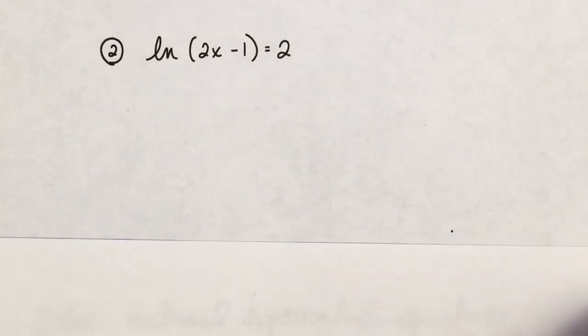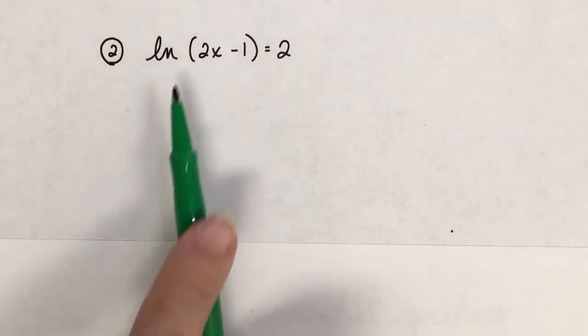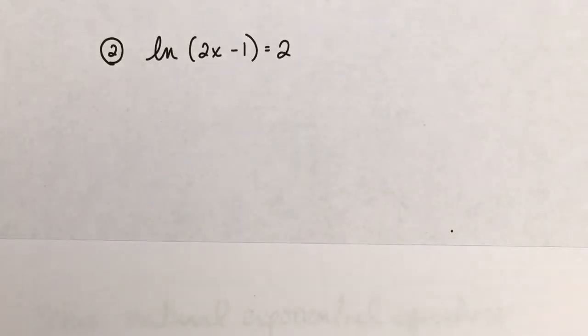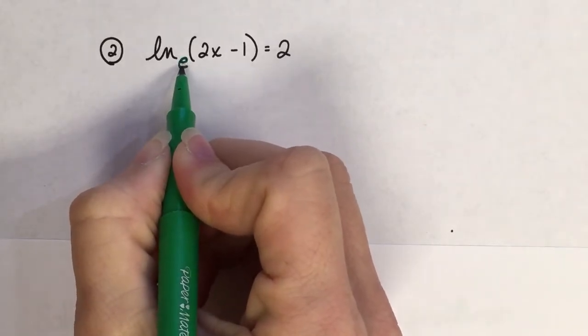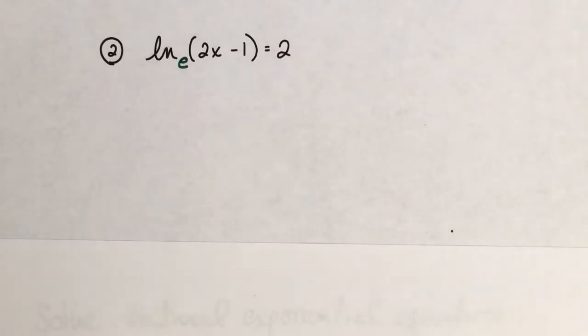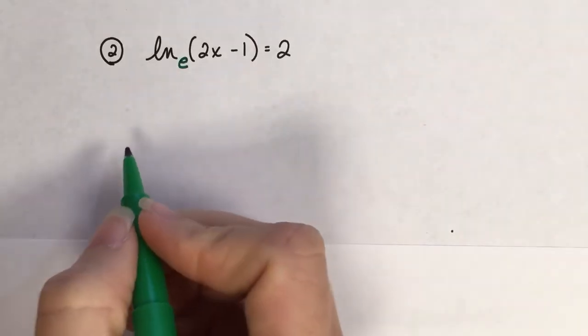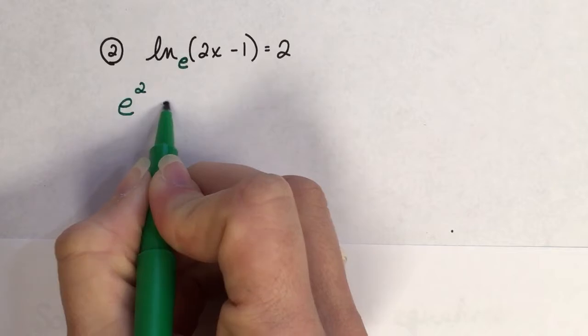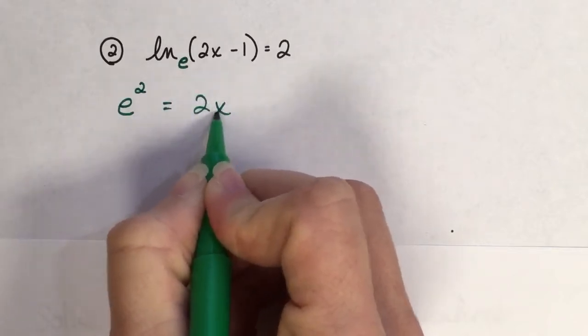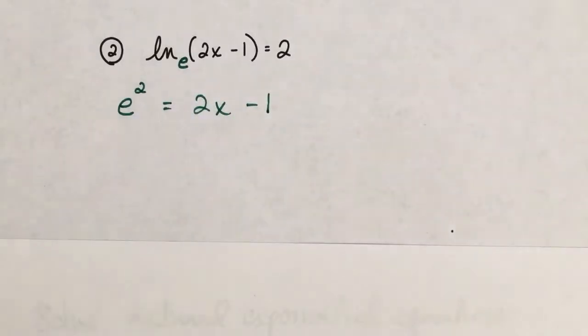Okay, so again, step 1 is done for me here. My natural log is on one side by itself. Of course, this is an understood e for my base. So I'm going to change it to exponential form. So I would have e to the second power is equal to 2x minus 1.